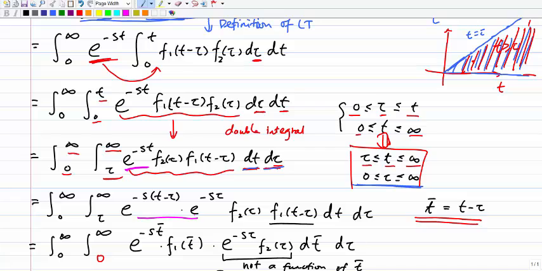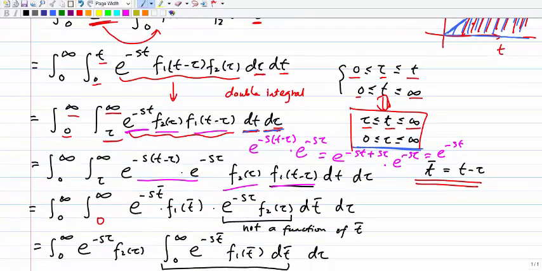The reason this is true is because if we do e minus s t minus tau times e minus s tau, I can do the term, it is e minus st plus s tau times e minus s tau. You see, this will cancel out, so I have e minus st. So it doesn't change. I keep the range the same, everything else will be the same.